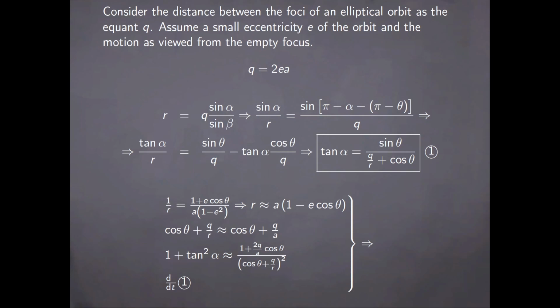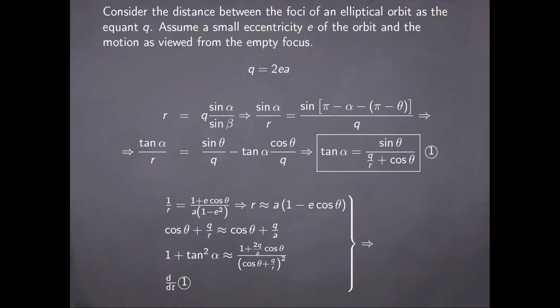Theta is the normal polar angle as seen from the origin, and beta is the angle which completes the triangle formed by these three angles, alpha, theta, and beta.